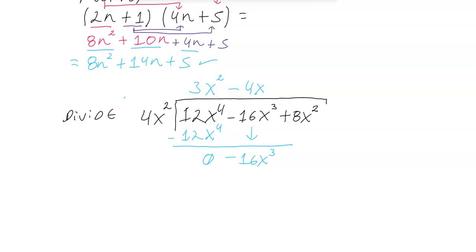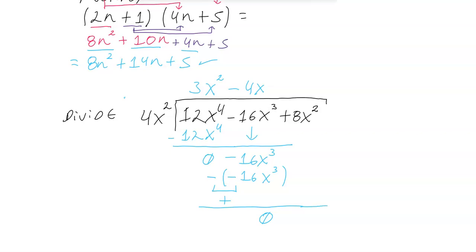So when I multiply minus 4 times 4, I get minus 16. And when I multiply x squared times x, I get x cubed. Of course, this is my answer, but I need to subtract that. So this one becomes positive, actually. And so when I subtract these two, I get 0 again.